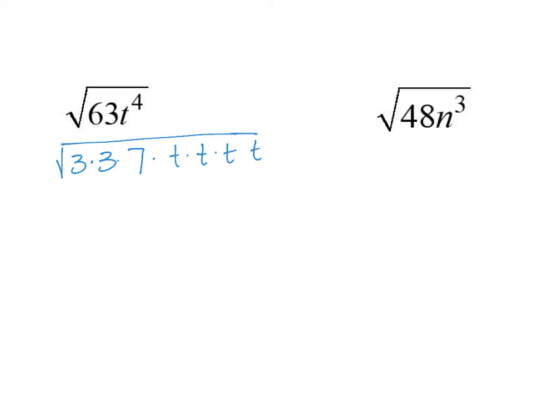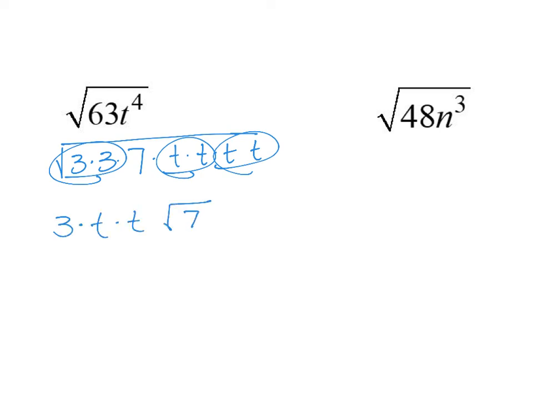So my index is a 2, so I can circle a pair of 3's, a pair of t's, and another pair of t's. So I'm going to take out that 3. I'm going to take out a t, another t, and then the square root of 7 is left over. So when I clean this up here, this would be 3t squared times the square root of 7.